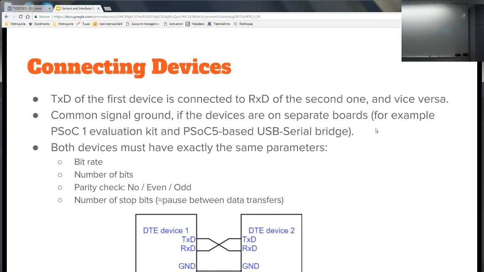One transmits, another receives, another transmits, one receives. That's also true if we are using a USB bridge, the device between that piece and the computer.